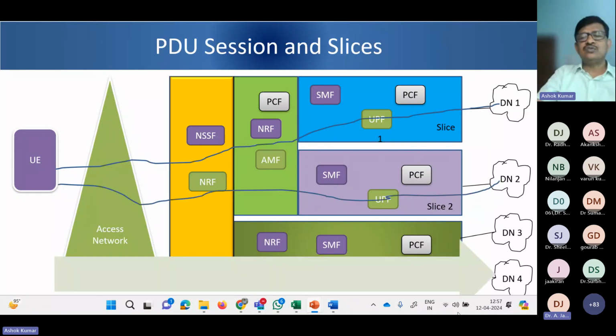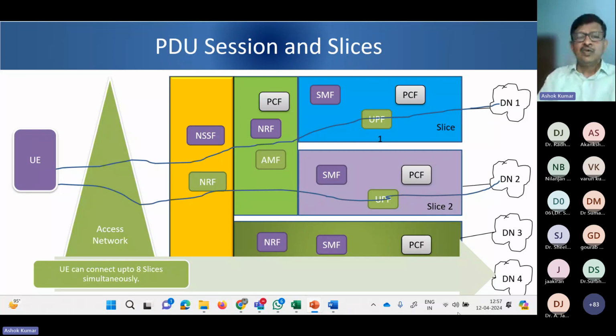A UE connects to network slices served by the same AMF. One UE can connect to up to 8 slices simultaneously. That's the configuration allowed in 3GPP. At a particular time, later on it can have a different set of 8 slices, but at a time it can connect to 8 slices.